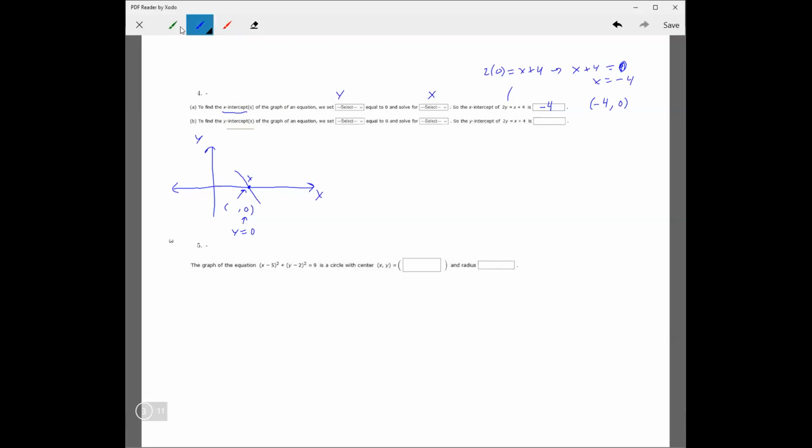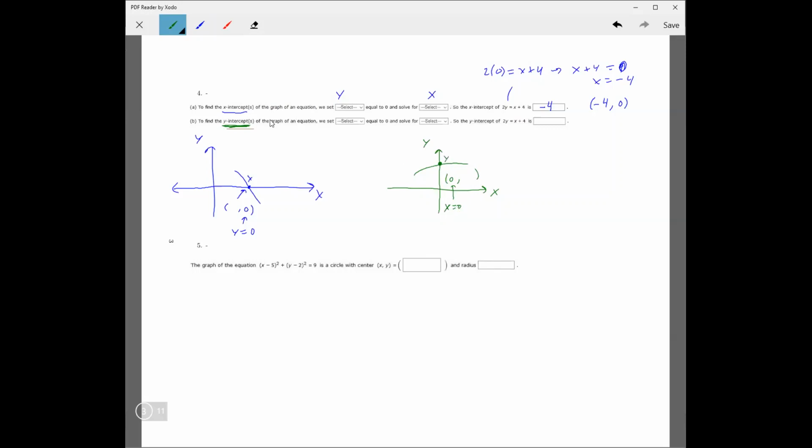Okay, now, the other one, for the y-intercept, what happens there is that's where it's going to cross the y-axis, okay? And notice that when it does that, x is 0, okay?